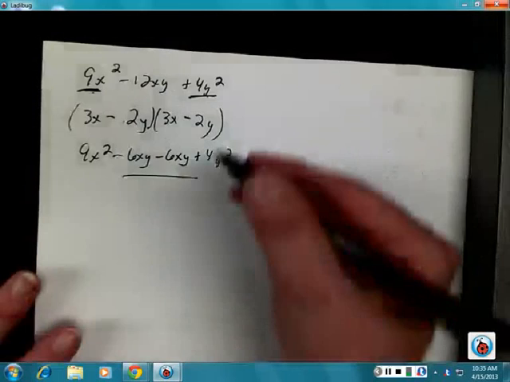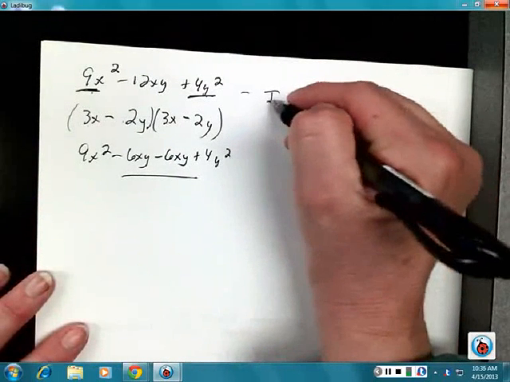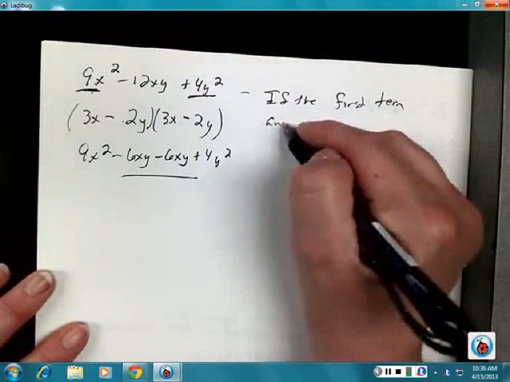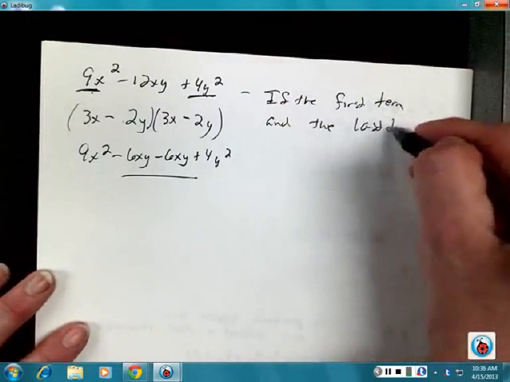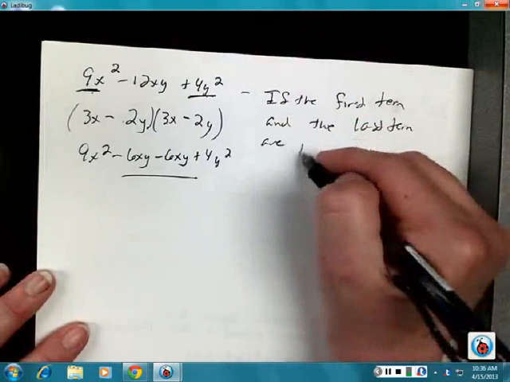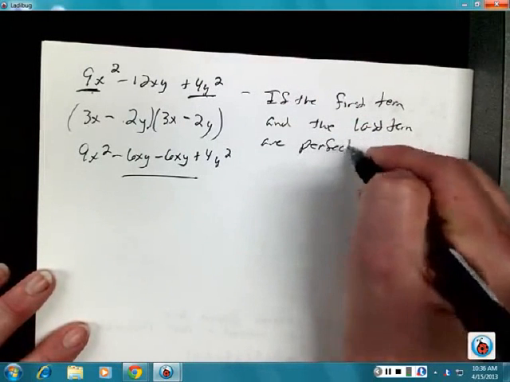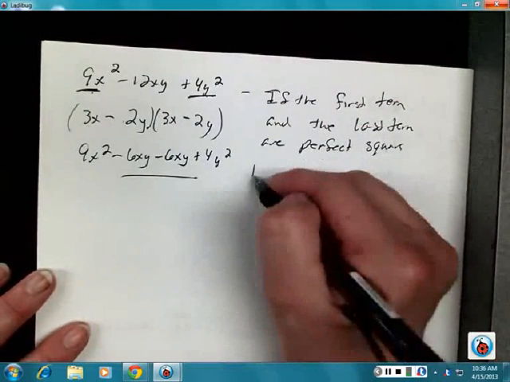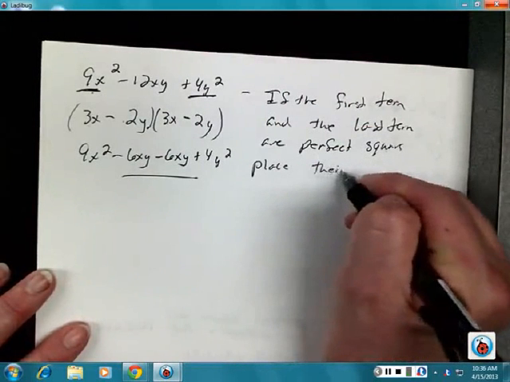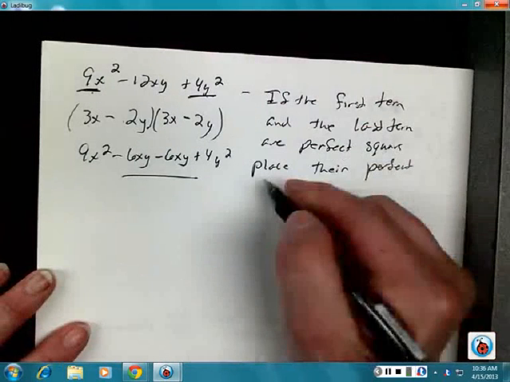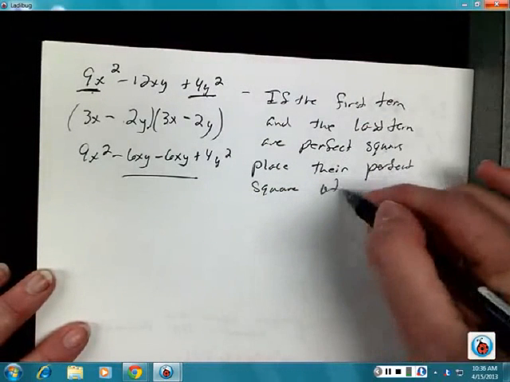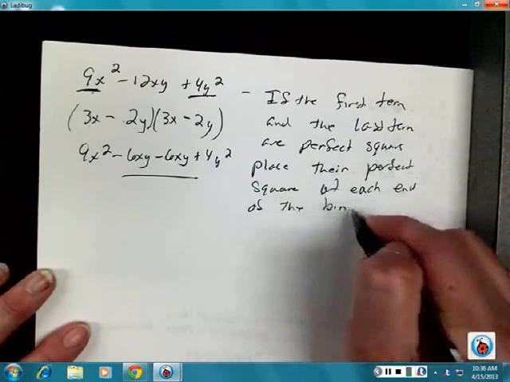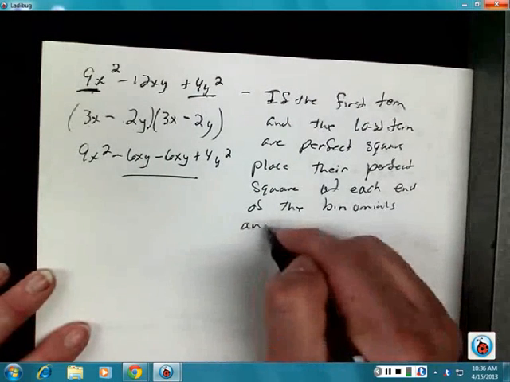But you have to watch that if the first term and the last term are perfect squares, place their perfect square at each end of the binomials and determine the sign.